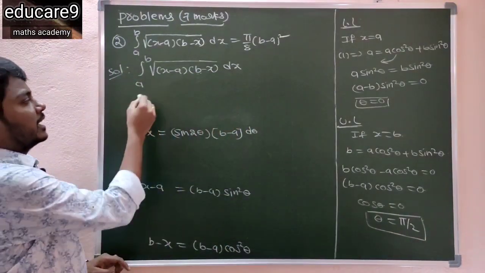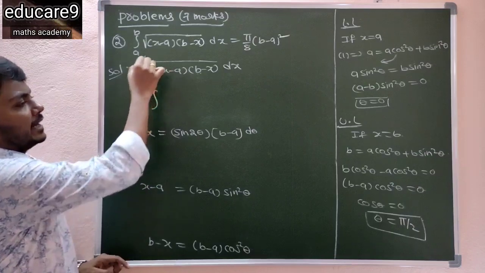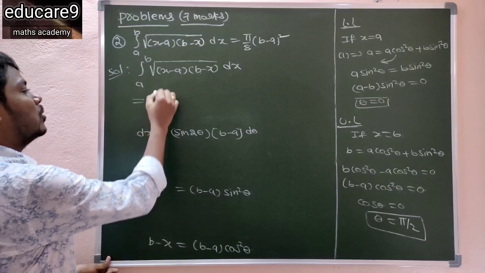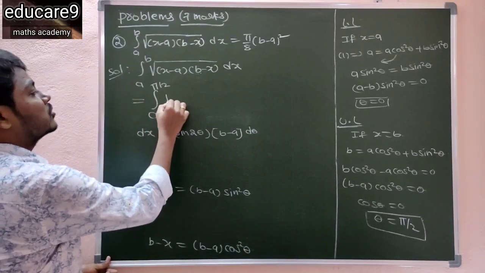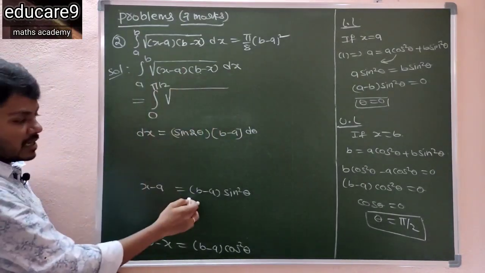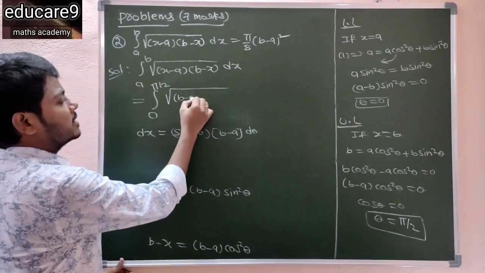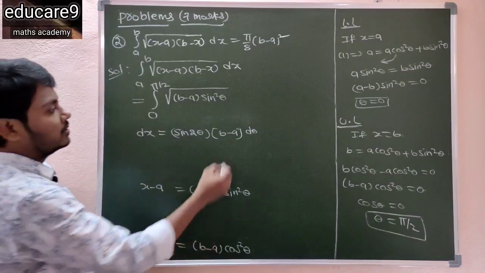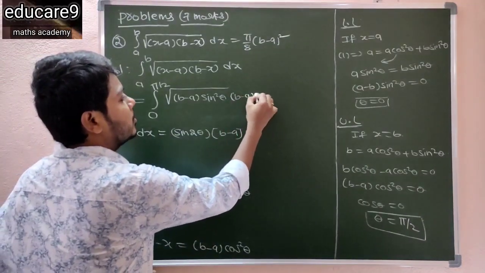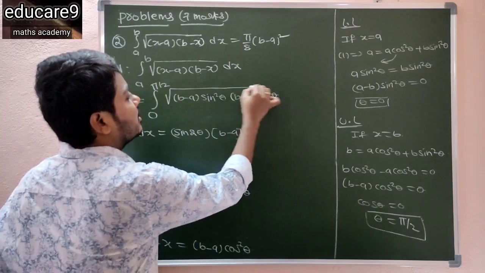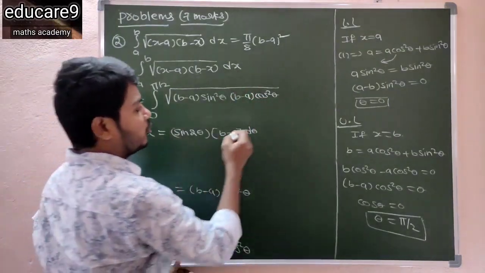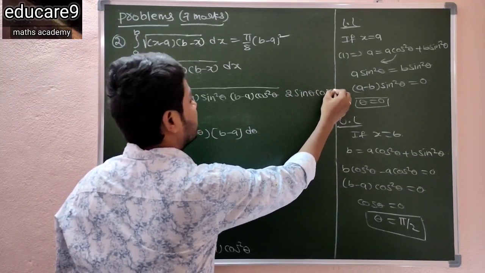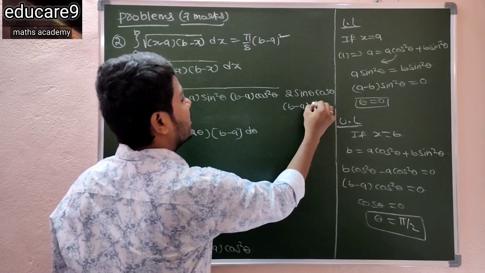So therefore this integral can be written with lower limit 0 and upper limit pi by 2, square root of the x minus a value, that is b minus a into sin square theta, and the b minus x value, b minus a into cos square theta, and the dx value, that is sin 2 theta, written as 2 sin theta cos theta into b minus a into d theta.